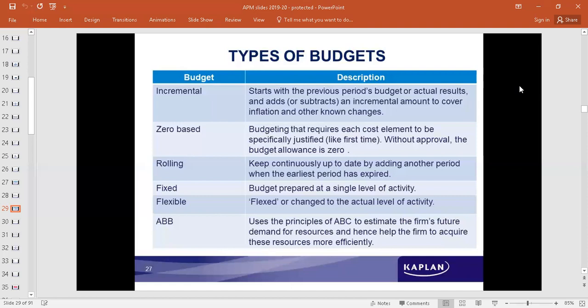The reason is that they are already assessed on their ability to prepare a budget in the earlier exams. It is not a new thing for them, and because this is advanced performance management, analysis is given a lot of importance. Therefore, analyzing based on already prepared budgets is what can be expected in the examination.